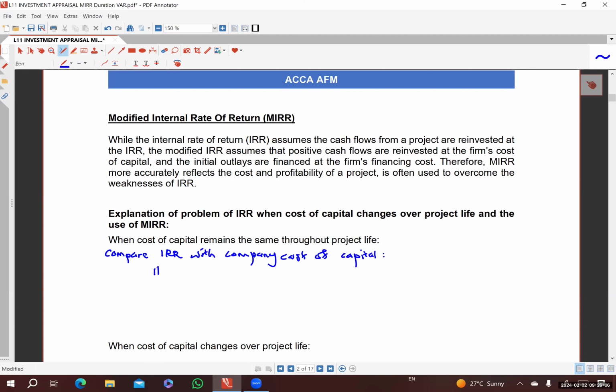If the IRR is higher than the cost of capital, say IRR is 10% and cost of capital 7%, IRR is the rate of return. So if the return is 10% and the cost is 7%, it is good. So if the IRR is greater than the cost of capital, we accept the project, and vice versa.